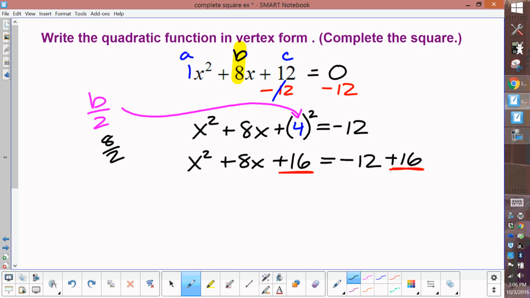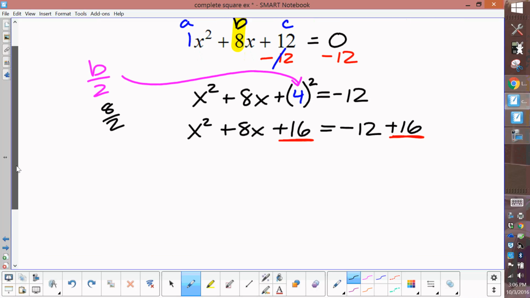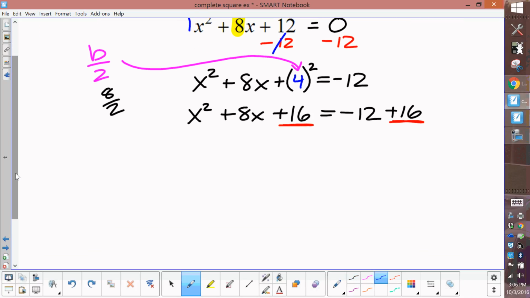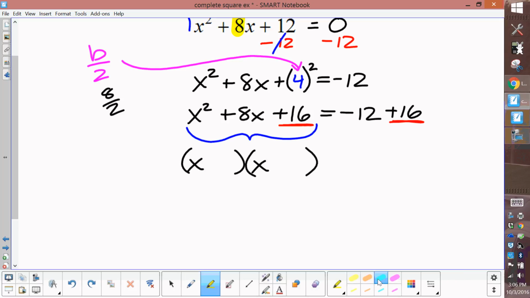Okay, on the left, the reason that I put in that 16 is because this factors down the way I would like. So in parentheses, x and x are the only first terms that will give me x squared. I know my signs are the same, and they both have to be plus.